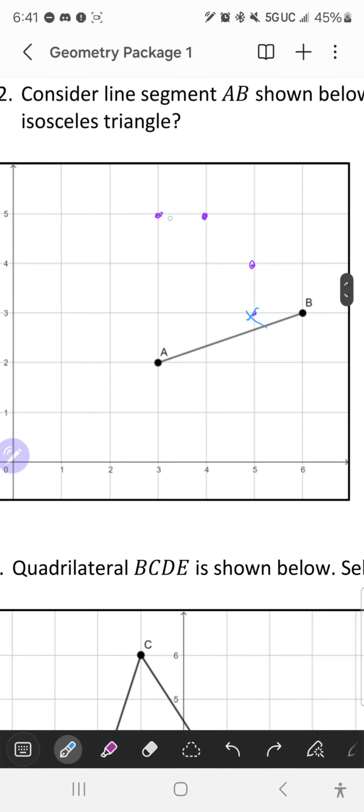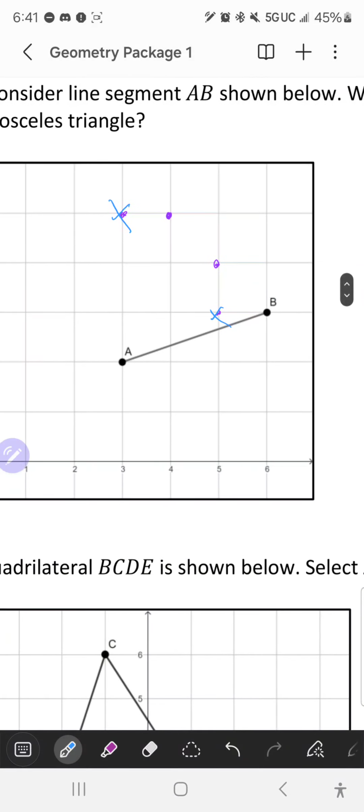3, 5. Yeah, 3, 5 is not the answer. Now for 5, 4, I visualized it there and I get this. When I saw this, I say, okay, this is a long one, this is a short one, this is a medium one. These are tampoco, like, are not.